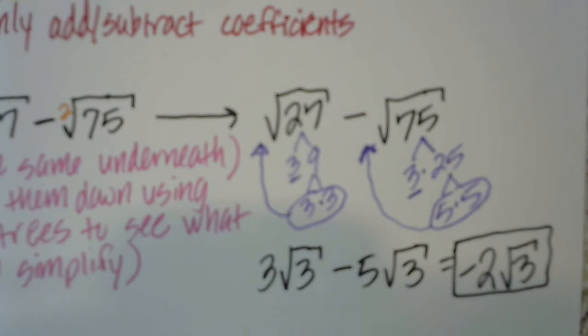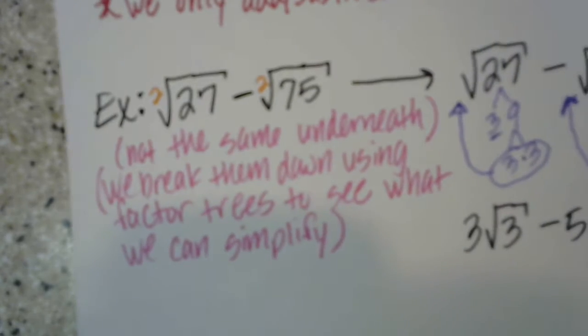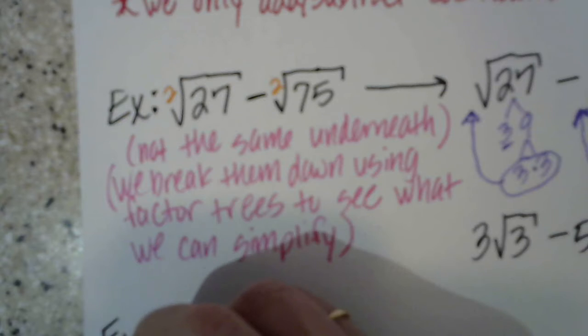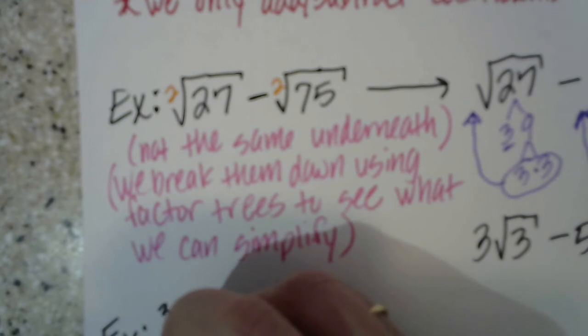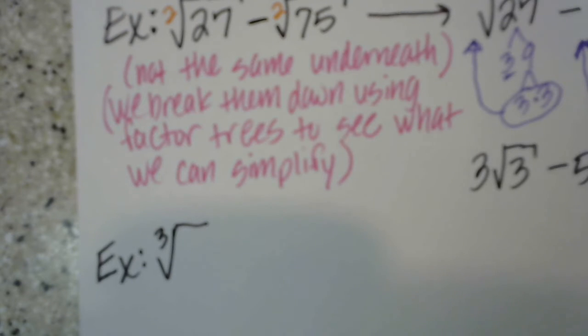So now let's look at some other types of roots. The next problem we're going to do is a cube root. So remember, in a cube root, we need groups of 3. So let's see, cube root of the cube root.